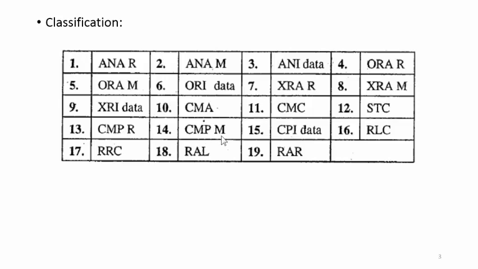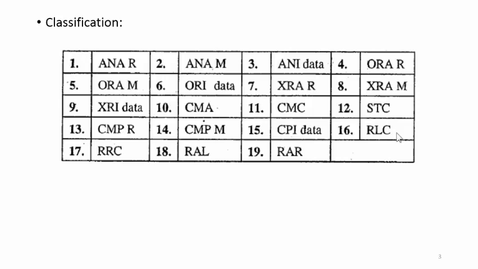Then CMP M, compare accumulator content and memory content. CPI, again I indicates immediate: the accumulator content gets compared immediately with the 8-bit data which is available in the operand field.